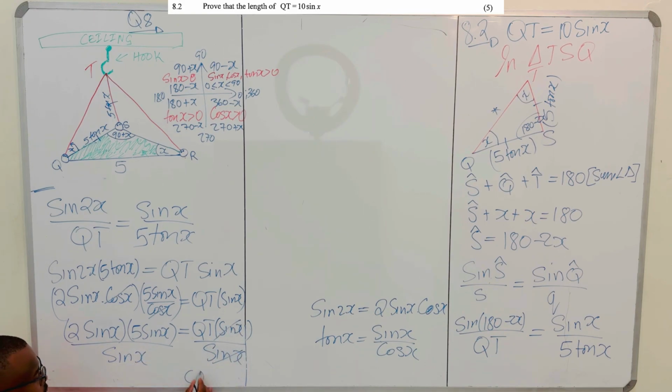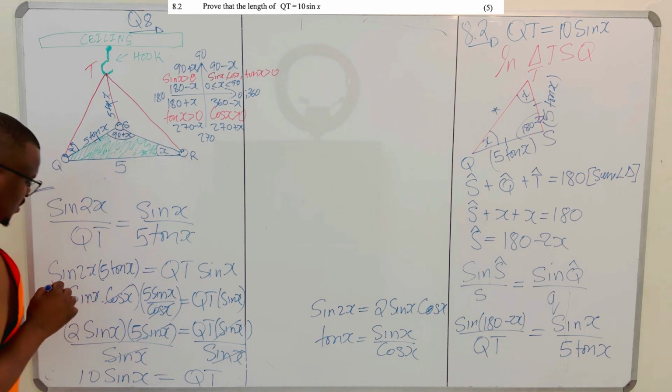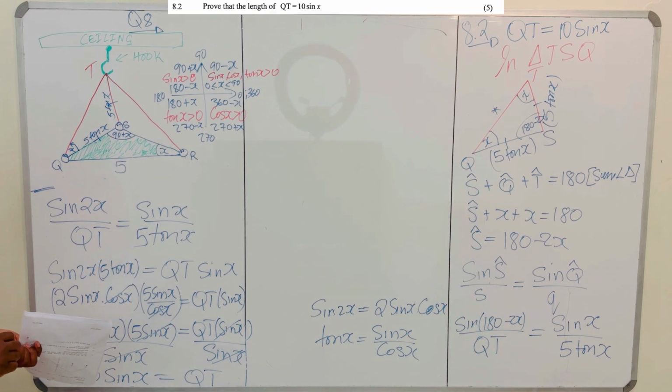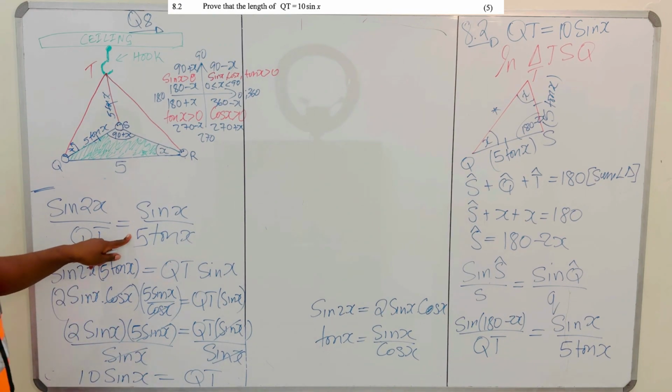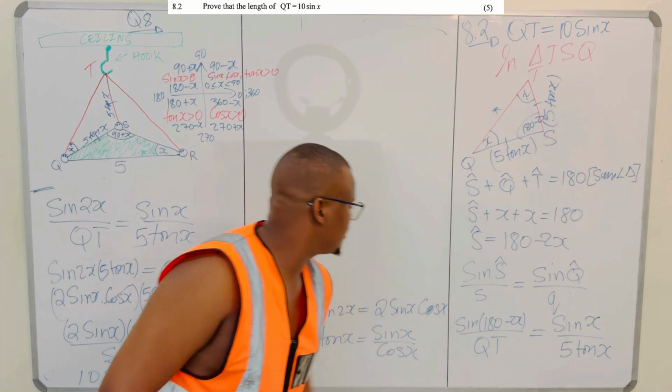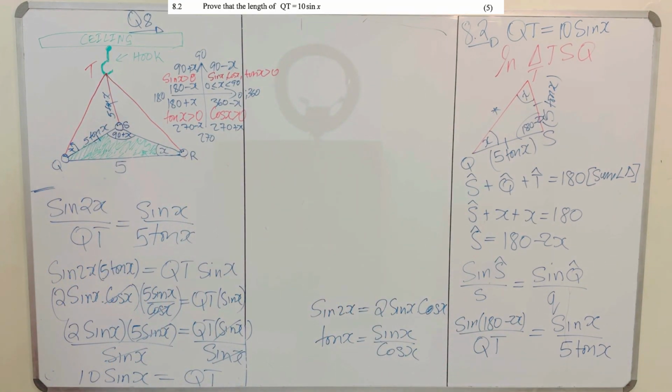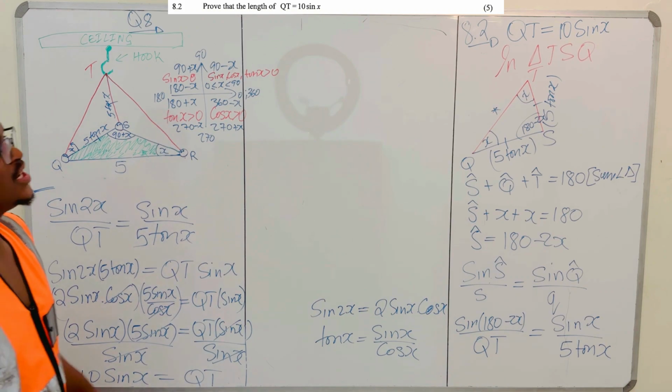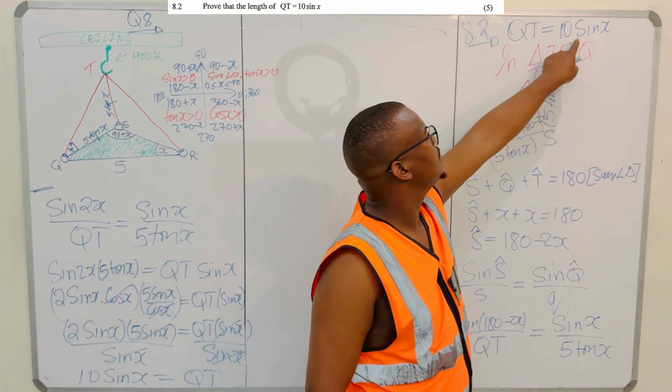You're left with QT is equal to 5 times 2, which is 10 sine x. Here it is. We found it. Because this was supposed to be 5 times x there, but we made a mistake. So we rectified that, and this looks like what they wanted us to prove in the first place. So we're good.